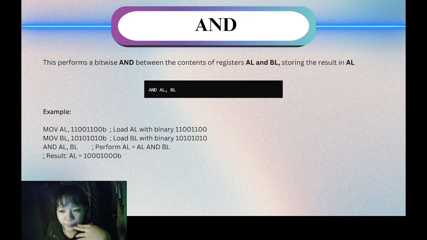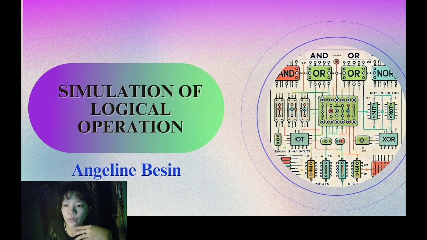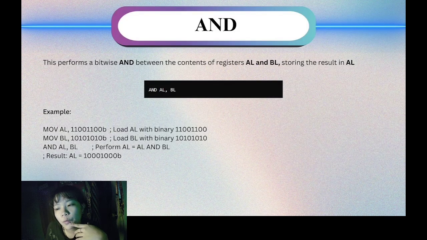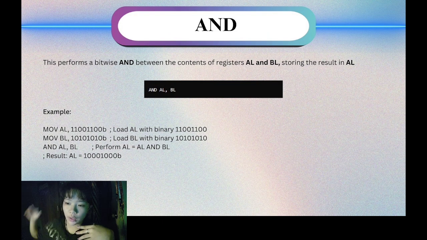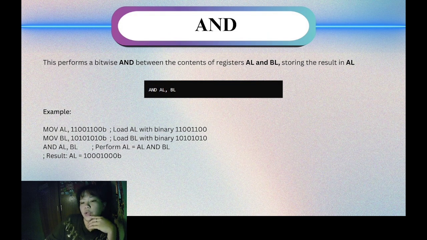Okay. Now, simulation of logical operations. First is AND. This performs a bitwise AND between the contents of registers AL and BL, storing the result in AL. So for example, MOV AL, 11001100B loads AL with binary 11001100.